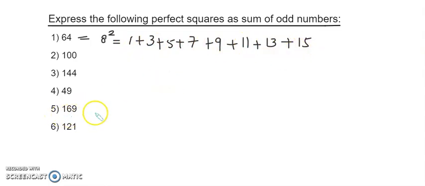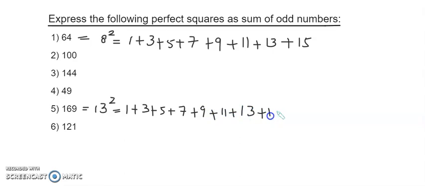Let's talk about 169. Do you know which number square is 169? Yes, 13 square. So how many odd numbers should I add? 13. So let's say 1 plus 3 plus 5 plus 7 plus 9 plus 11 plus 13 plus 15 plus 17 plus 19 plus 21 plus 23 plus 25.